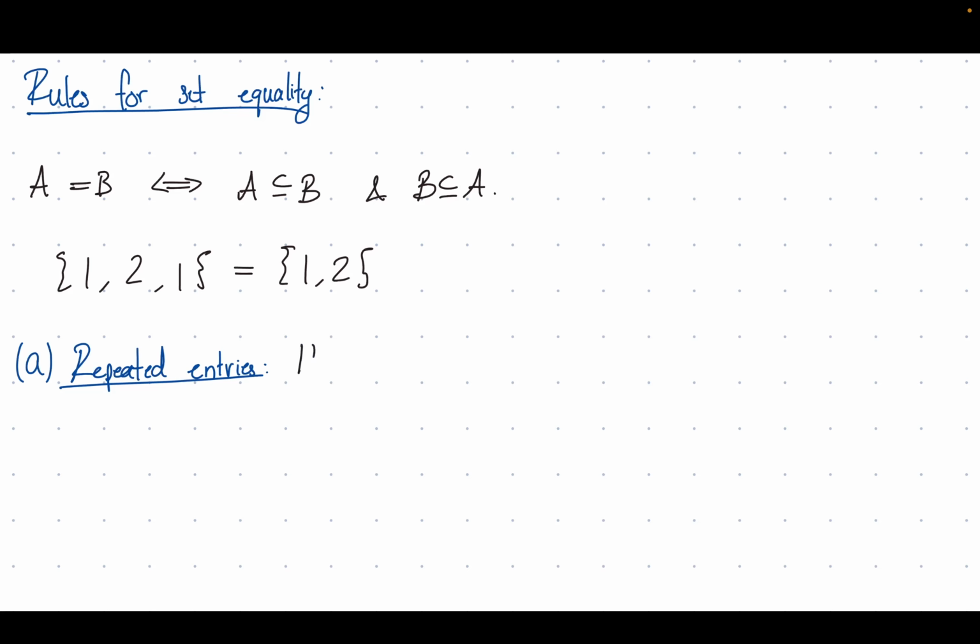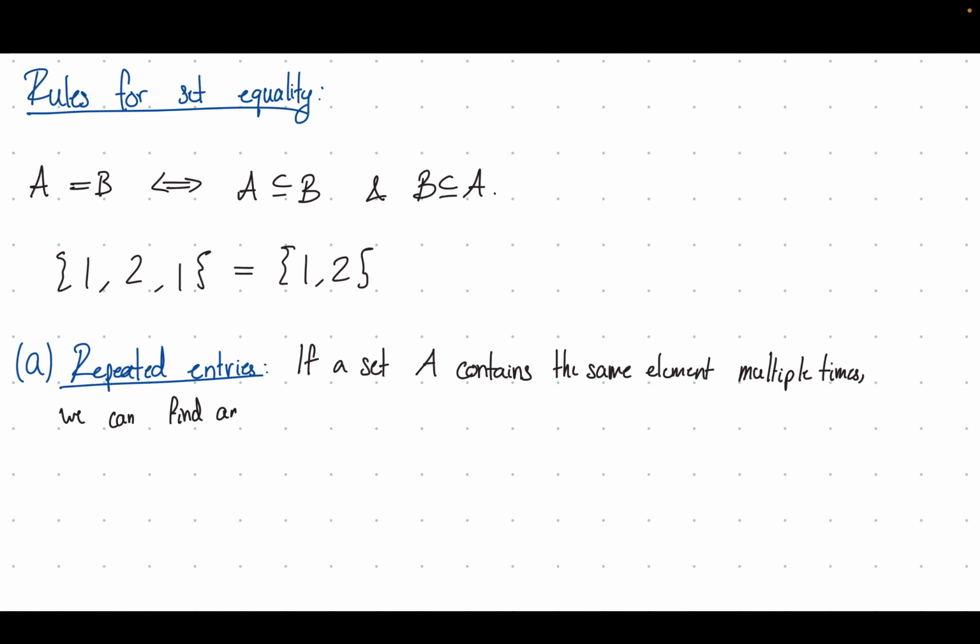And our rule would be if a set A contains, or rather the same element multiple times, we can find an equal set with no repeated elements.